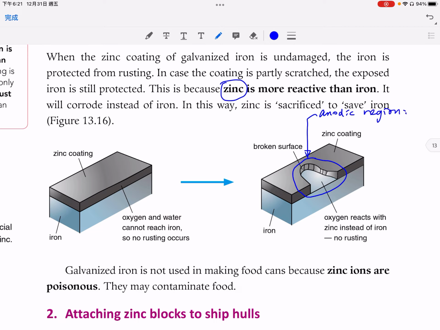So can you write the half equation for the reaction involved? When zinc is being used, of course, this time not Fe to be oxidized. Instead, zinc will be oxidized. While other regions, for example, somewhere here maybe, will be the cathodic region.